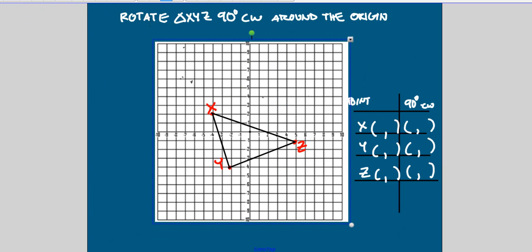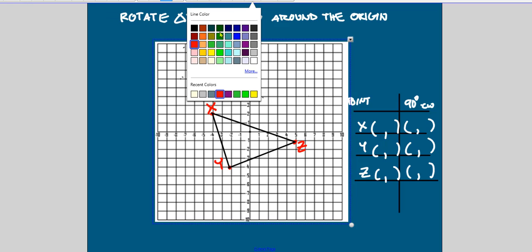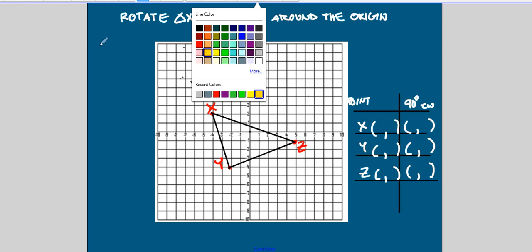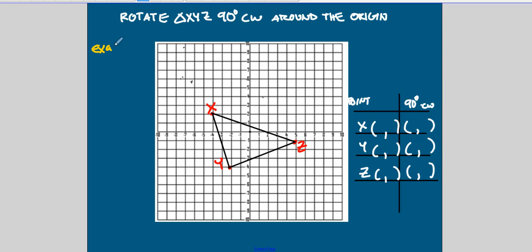Now let's rotate, this is another example. I should have written example here. We're going to rotate triangle XYZ 90 degrees, this time clockwise. Be sure you identify which way you're going. So we're going this way this time around the origin.